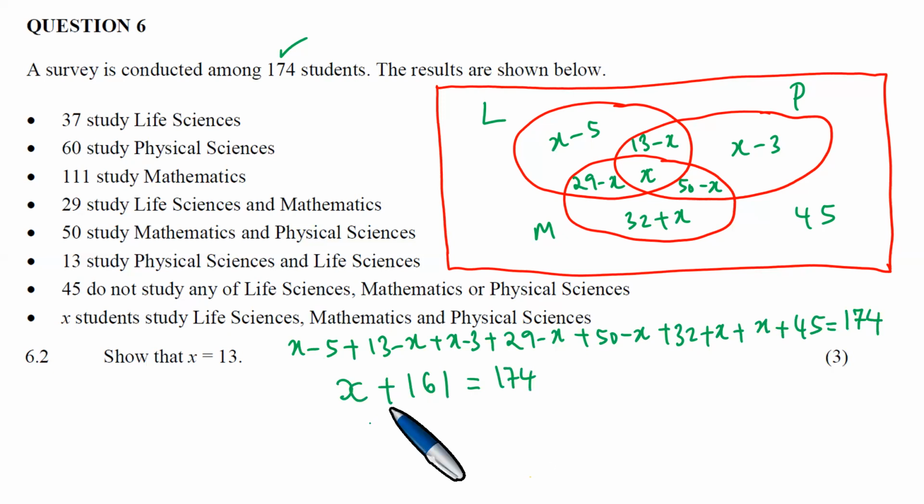So x now is going to become 174 minus 161, which is equal to 13. So this is the answer because they asked us to just show that x equals 13, and we have shown that. Okay, so note that. And we have answered this question.